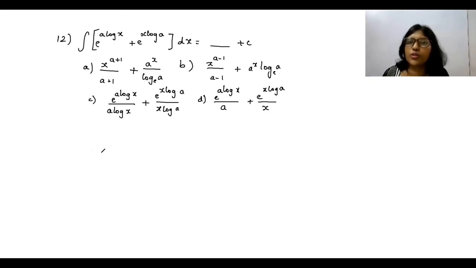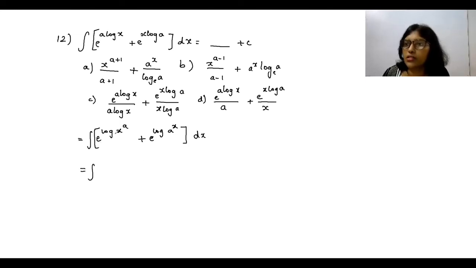Going on to the next question. Now we have e raised to a log x and e raised to x log a. So using the property, it is e raised to log x raised to a and e raised to log a raised to x. So we know that e and log are inverse functions.